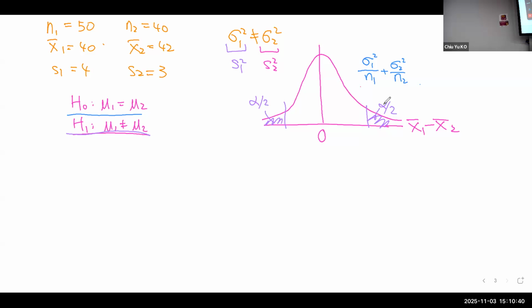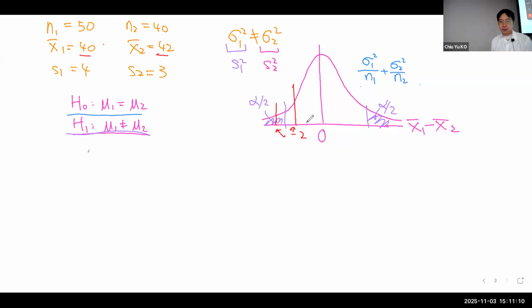So we have to decide what area counts as far away. The data we got is 40 and 42, so it's -2 again. The question is whether -2 is here or here. If in the purple area, then reject. If not in the purple area, then we don't reject. So very similar to what we have said.